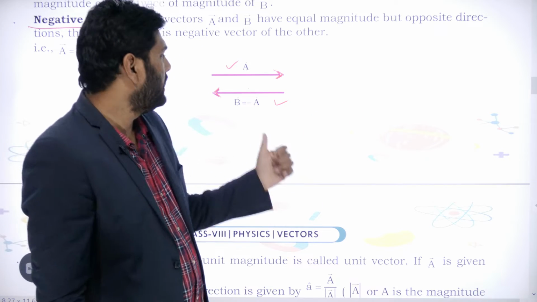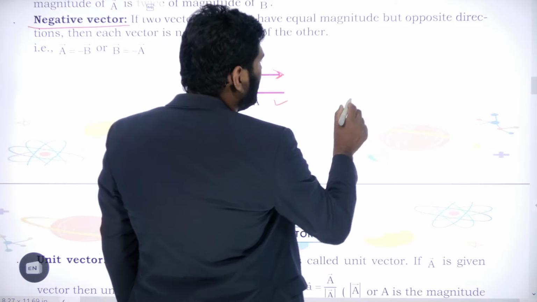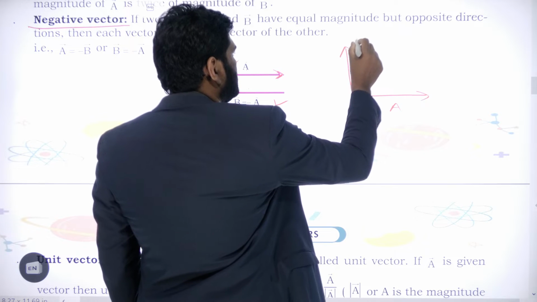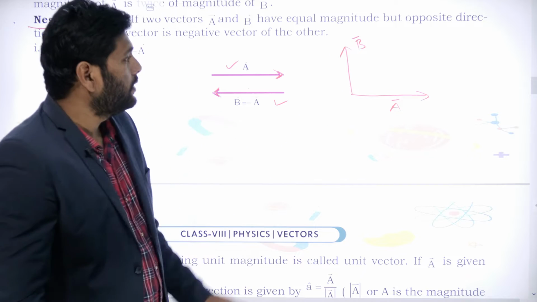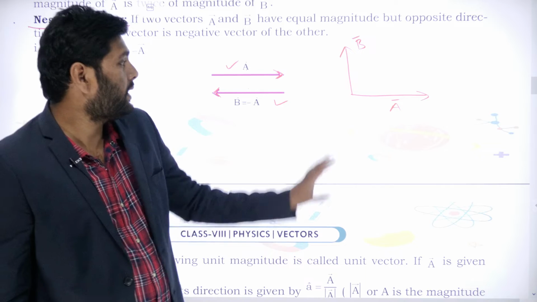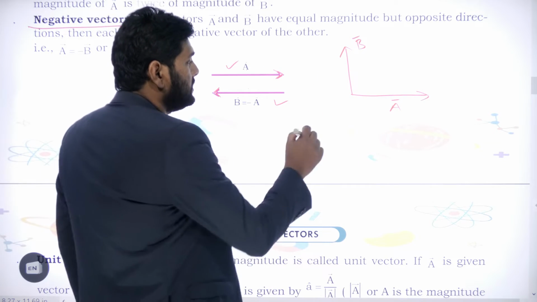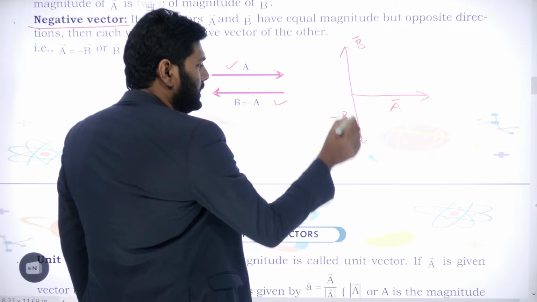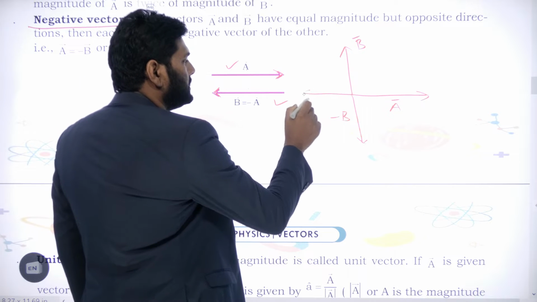These are known as negative vectors. I'll give one more example. There is vector A acting in this direction and vector B acting in this direction. Now let me write the negative vector of B. Actually this is the positive B. The negative vector of B you must write in this direction, representing the negative vector of B. So the negative vector of A we can write in this direction.